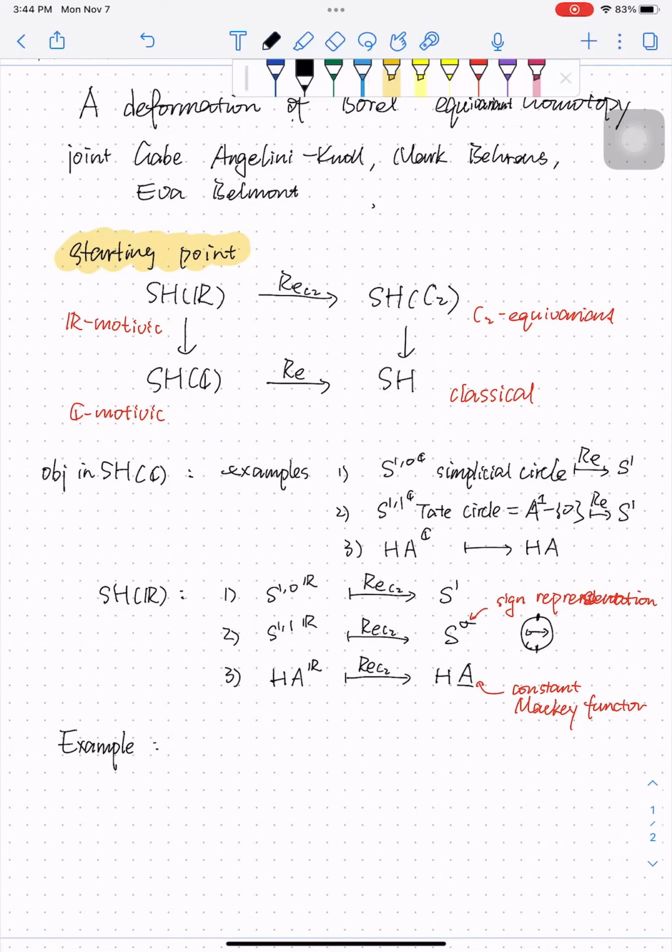Let me write down, for example, in the C-motivic case, let me use this notation to denote that this is a bigraded C-motivic homotopy group.